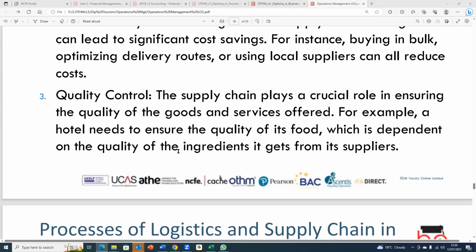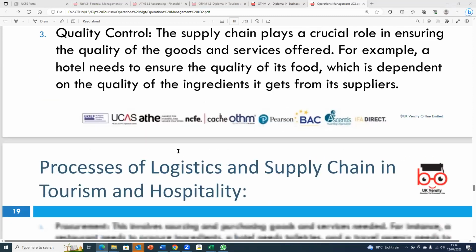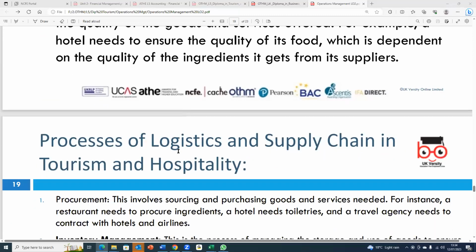If the product is bad and the service is good, people won't enjoy it, people won't like it. Okay, it doesn't really matter when we get the goods in time, but if it's not good quality, what's the use? And then the customers won't come back if the product is rubbish.